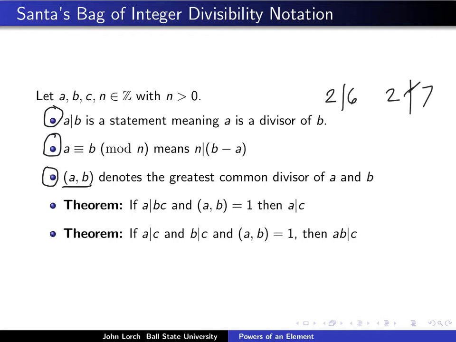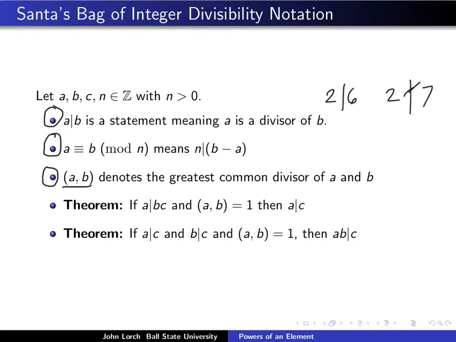If a divides evenly into b times c, and a and b are relatively prime, meaning that their greatest common divisor is 1, then a must divide evenly into c. Another theorem is that if a divides into c and b divides into c evenly, and a and b are relatively prime, then the product a times b must also divide evenly into c.